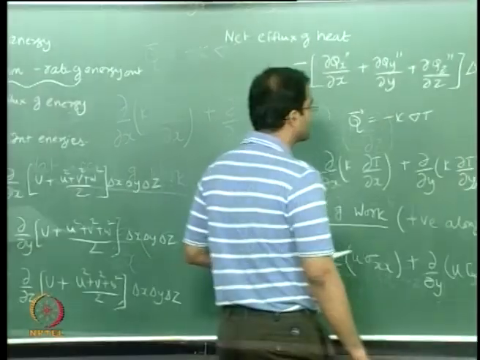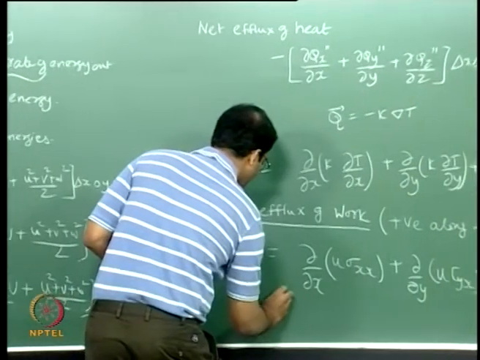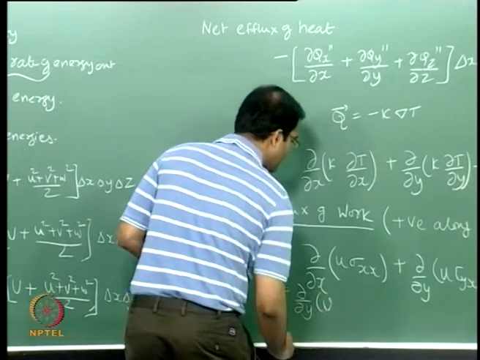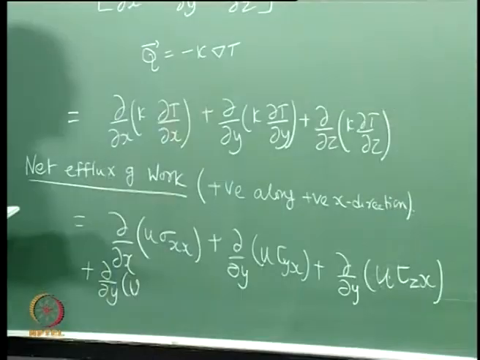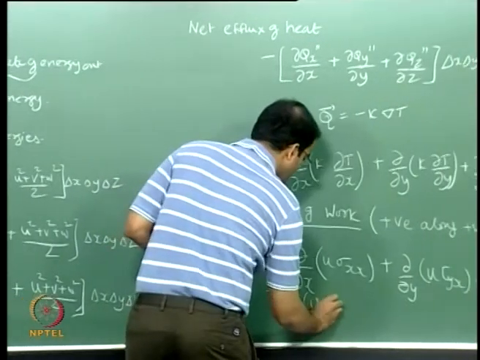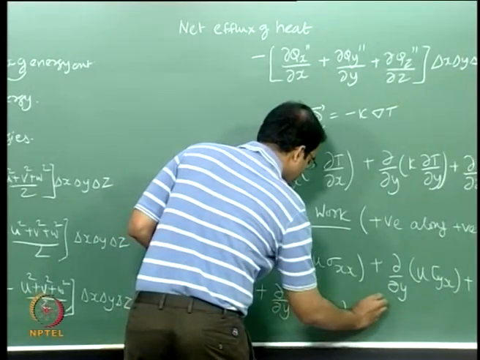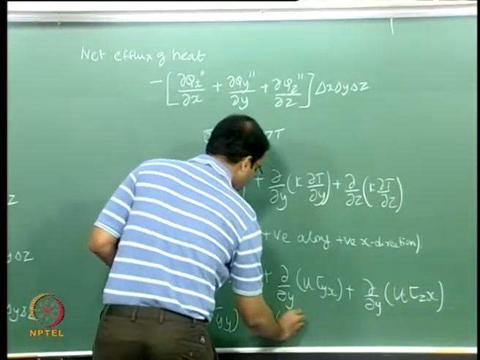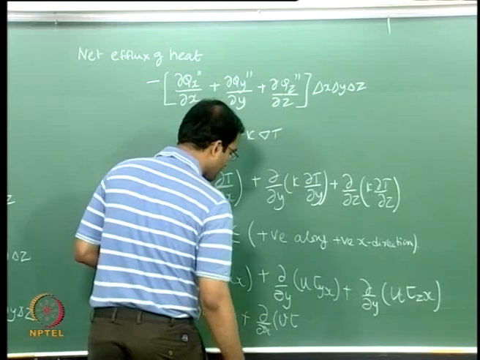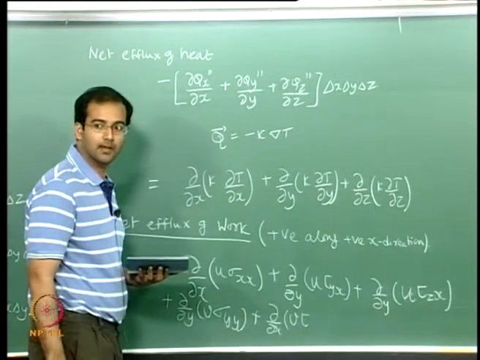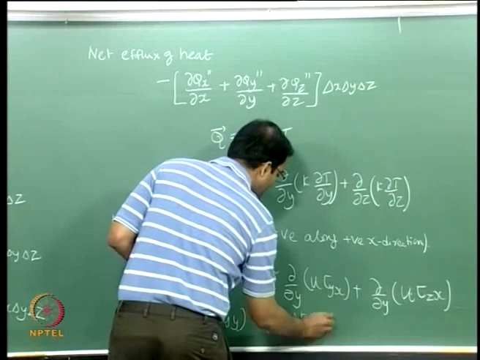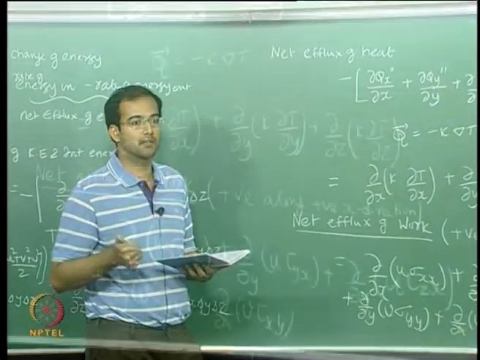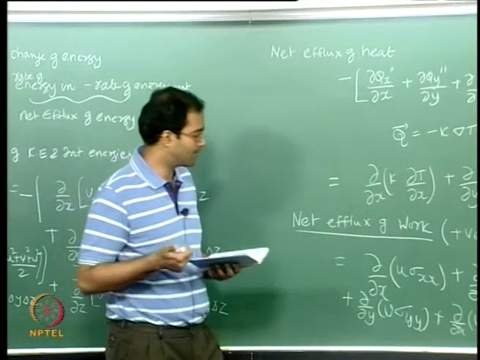So you can write that in the y direction as well. You have v. Can you tell me what this term should be? Sigma yy, plus d by dx into v into tau, is it yx, xy? Look at this: the last subscript here denotes the direction in which you are calculating the work or momentum.